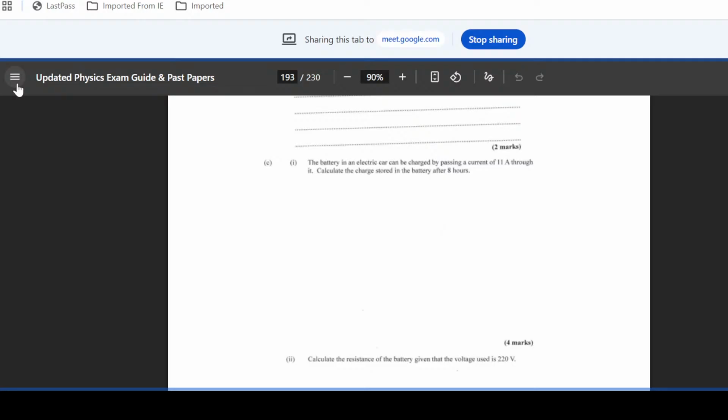Q is equal to IT, so make sure you write the equation. So this is 8 hours. How do you convert the 8 hours?